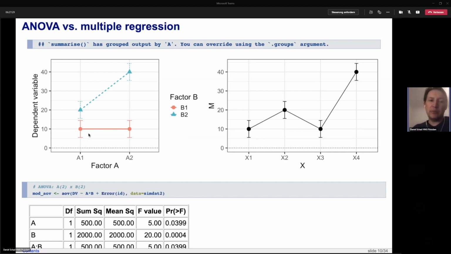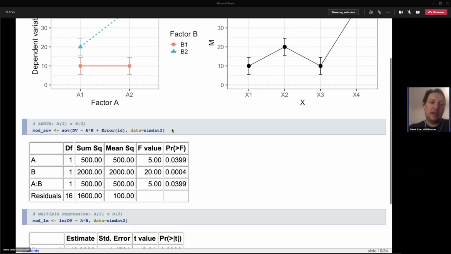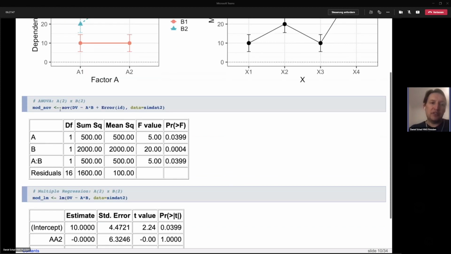So now let's assume that we have one factor A and a factor B, and we want to analyze this data. Let's first start by comparing an ANOVA analysis with F-tests to a multiple regression analysis with contrasts. So let's be naive and just start the analysis. We can use the aov function for ANOVA. The dependent variable is explained as factor A times factor B plus some error for the subjects.